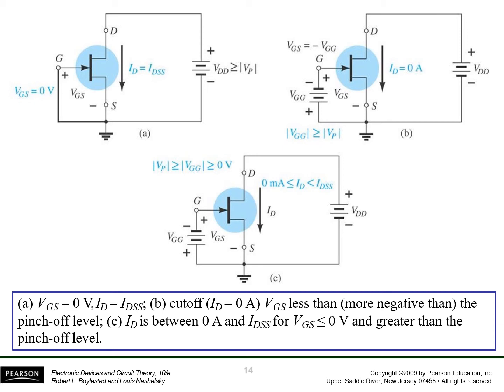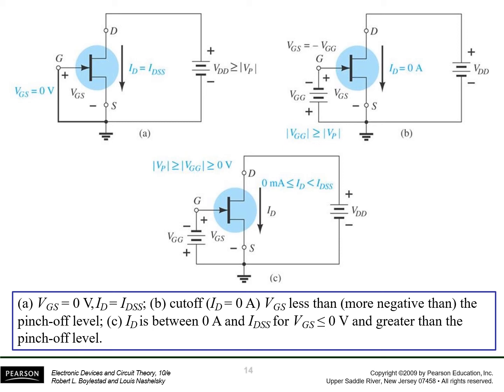In the B case, we have put a negative voltage between the gate and the source, and it is so much that whatever the value of the voltage between the drain and the source, ID would remain at 0.